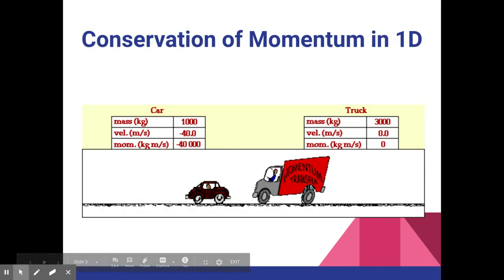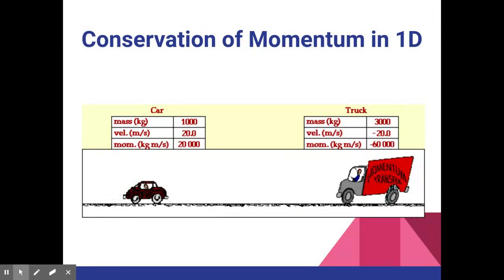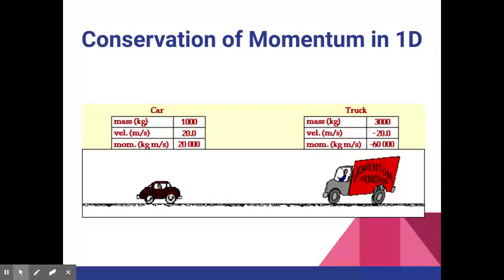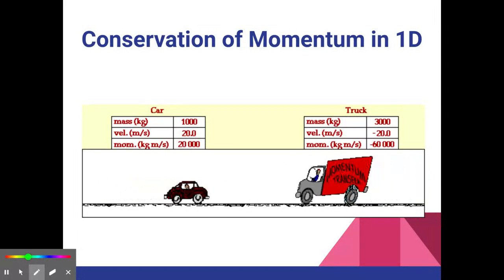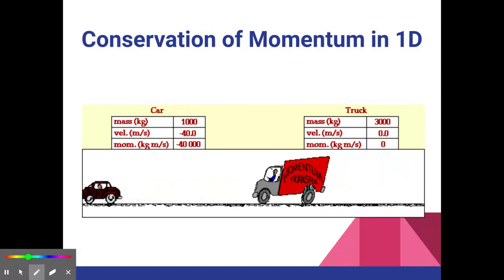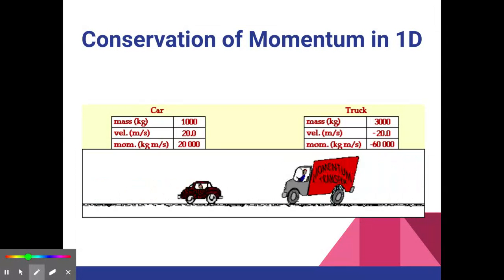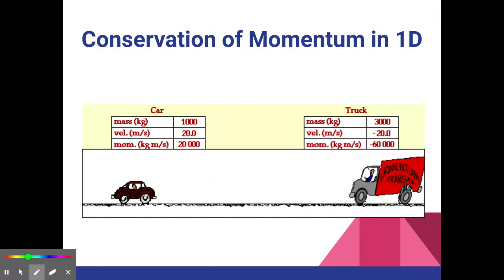This is one kind of collision that we're going to be looking at here as we talk about the conservation of momentum. What I want you to notice is that you have two automobiles that have significant differences in both mass and velocity and also momentum.